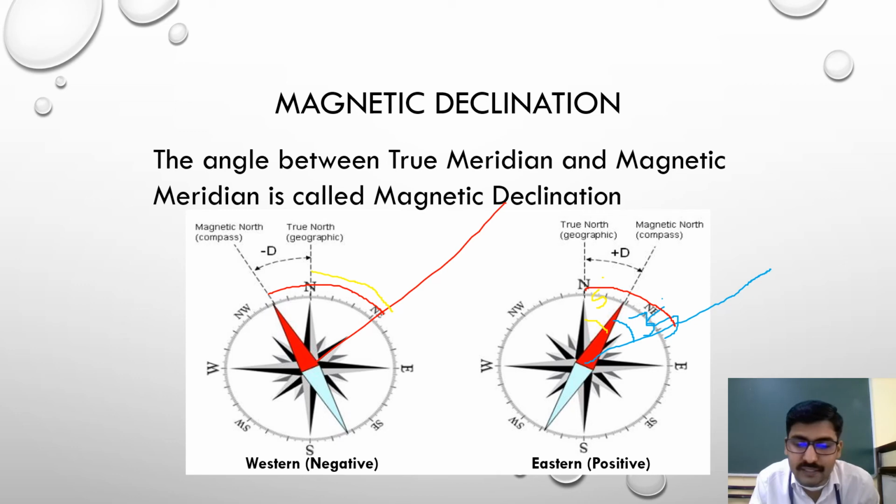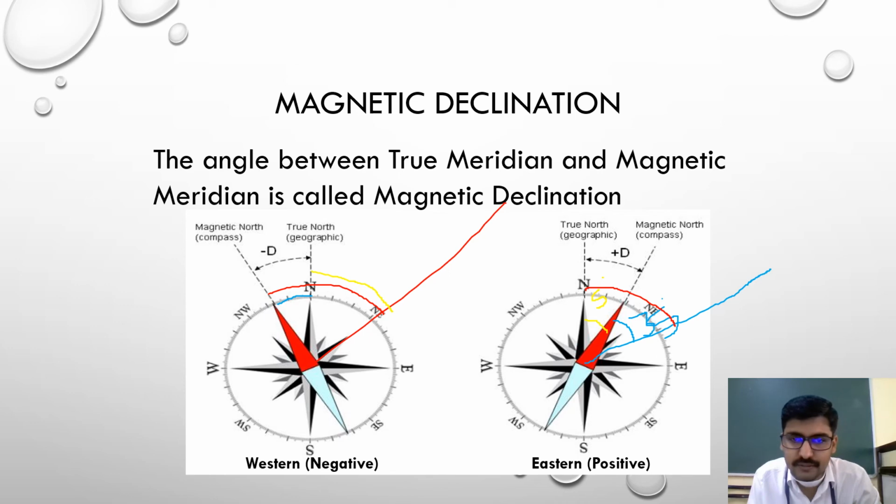And declination is western, that is negative, which is the angle between true north and magnetic north, which I am showing as blue. So red is magnetic bearing, blue is declination, and yellow is the true bearing of the line. Here you get the true bearing by deducting the declination.